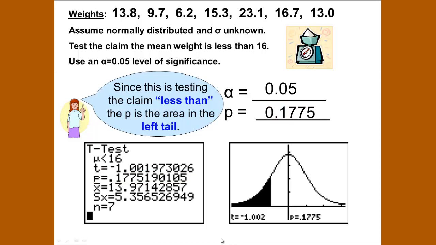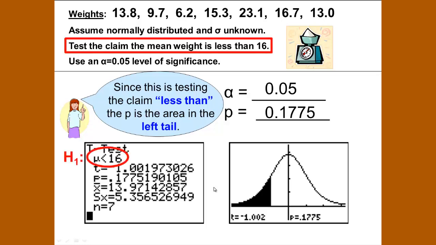Since the claim is less than, the P is the area in the left tail, the probability of being in that left tail. Notice the H1 here is listed as the mean being less than 16, and that is the alternate hypothesis. And that's the area to the left of the t-value.